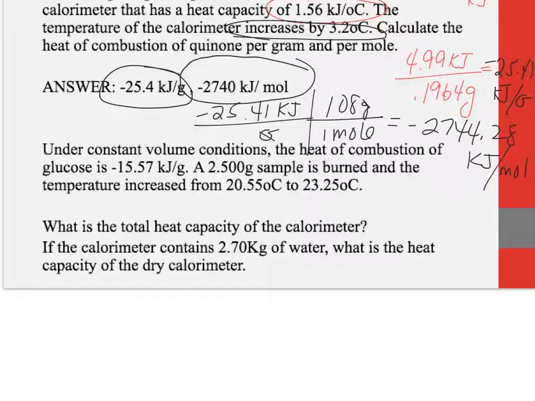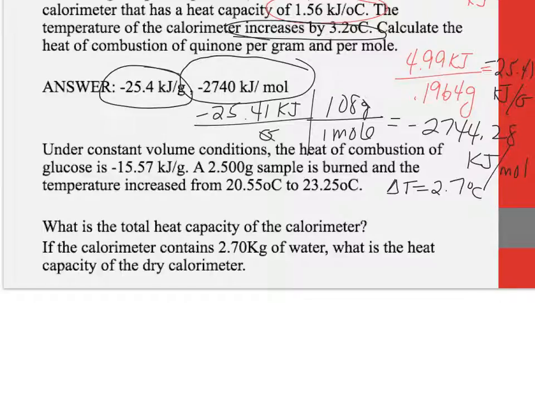Under constant volume conditions, the heat of combustion of glucose is negative 15.57 kilojoules per gram. A 2.5 gram sample is burned, and the temperature increases from 20.55 to 23.25. So right away, I know my delta T is 2.7 degrees Celsius.